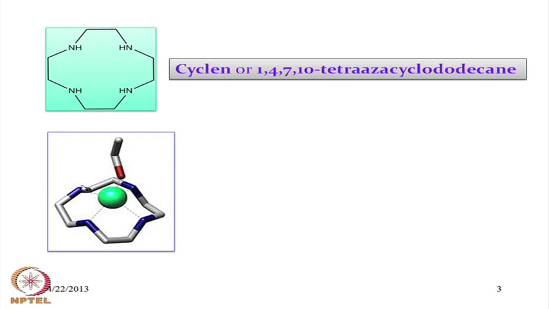So, all 4 nitrogen donor atoms are basically going towards the upward direction. That means this nitrogen is a pyramidal one, because the third bond attached to this nitrogen is the NH bond. So, this is pyramidal, this is pyramidal. So, 4 pyramidal nitrogens are pointing upward, and when these 2 adjacent nitrogens are in the upward direction, the backbone goes in the downward direction, and it tries to coordinate to the metal center.